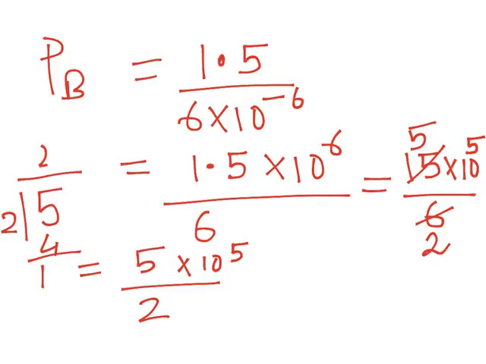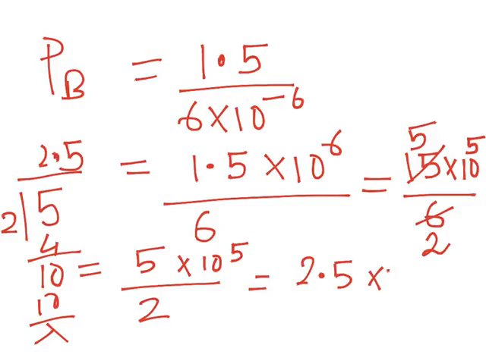You have 1 remainder, you put a decimal, and then we add 0, so that becomes 10. So it is nothing but 2.5 into 10 to the power 5 pascals. Remember the unit. So the pressure on nail B is 2.5 into 10 to the power 5 pascals.